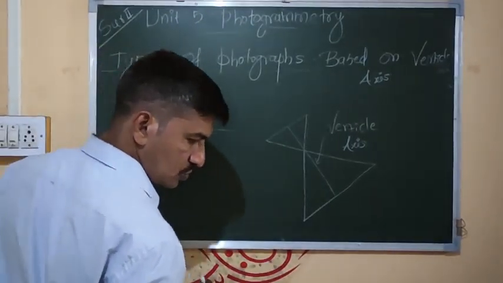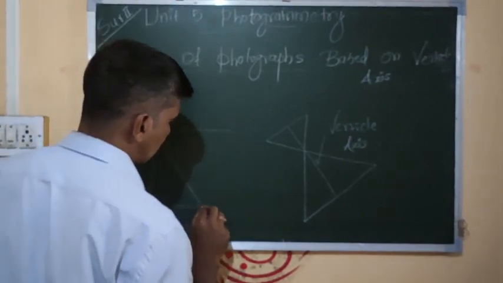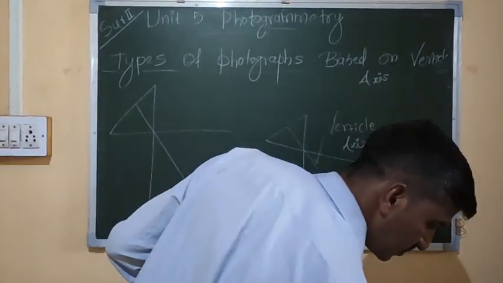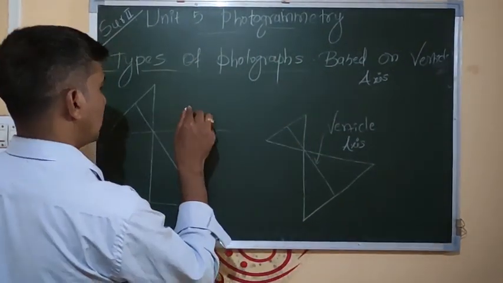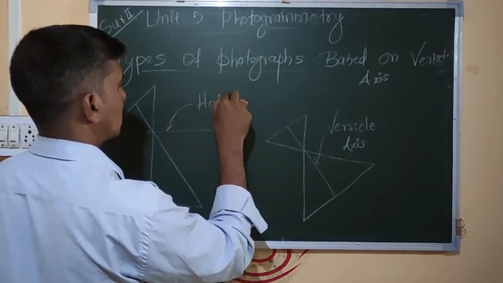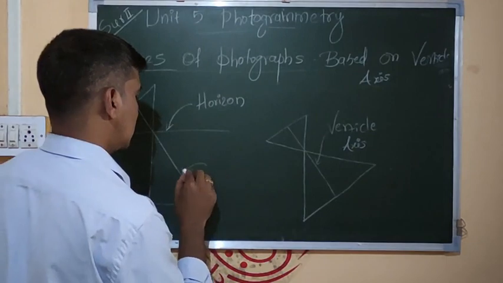Students, please try to draw the figure in your notebook and note down the details of the figure. Now this horizontal axis is called the horizon. And this is our vertical axis.